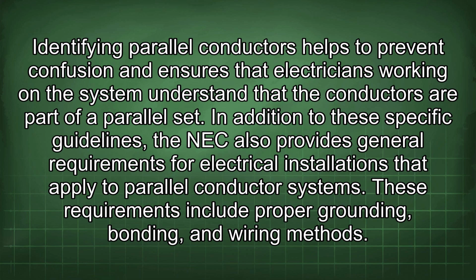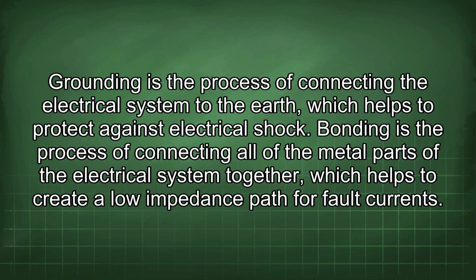In addition to these specific guidelines, the NEC also provides general requirements for electrical installations that apply to parallel conductor systems. These requirements include proper grounding, bonding, and wiring methods. Grounding is the process of connecting the electrical system to the earth, which helps to protect against electrical shock.